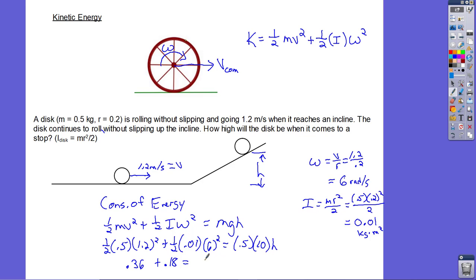That's going to equal 5h. So h is going to equal 0.54 over 5. And I'll let you do that. That's going to be in meters if you want a decimal. So that's the energy thing.